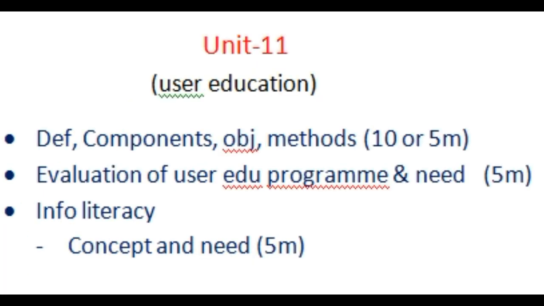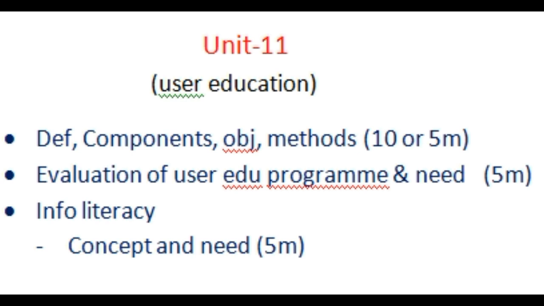Unit 11, this is about the concept of user education program and the information literacy skill. There is a possibility of a 10 marks question, and chances of a 5 marks question also.